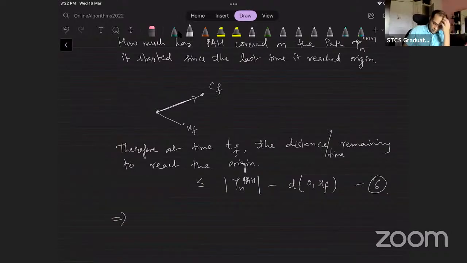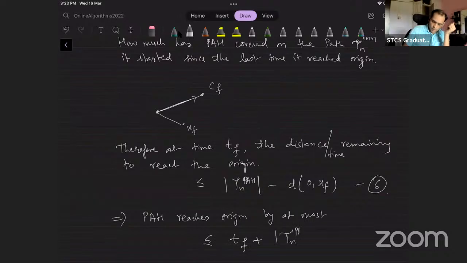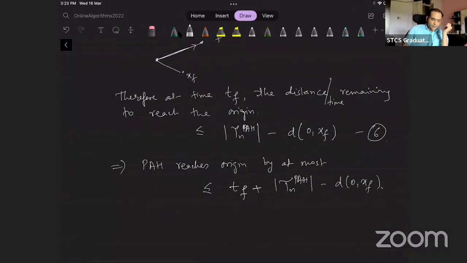So therefore, PAH reaches the origin by at most TF plus TN PAH minus D of 0, XF. All right.